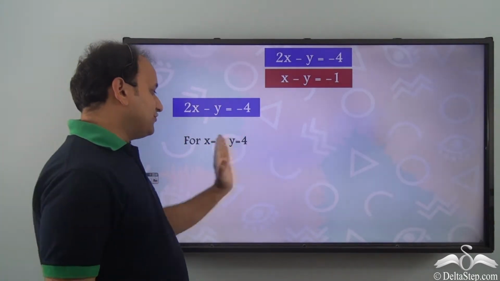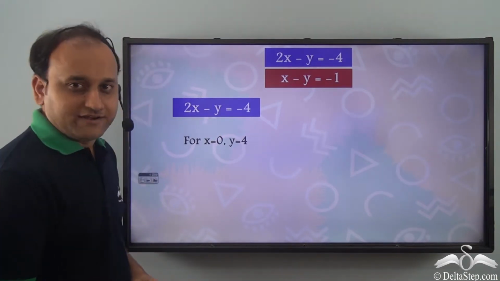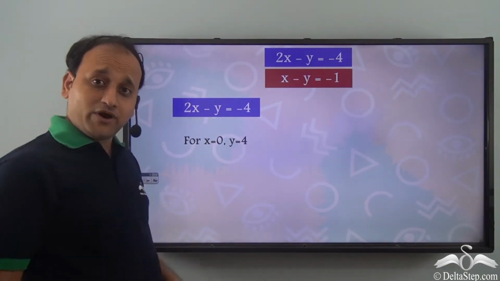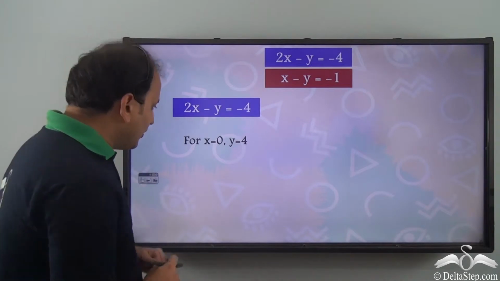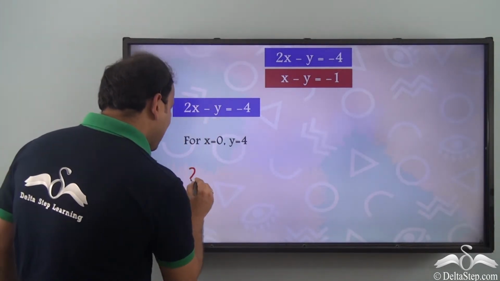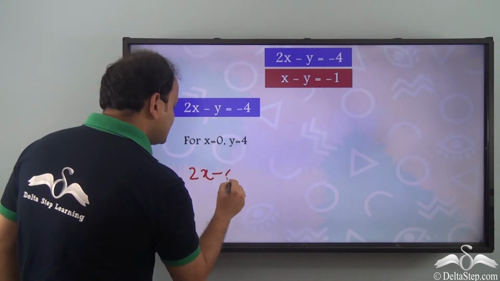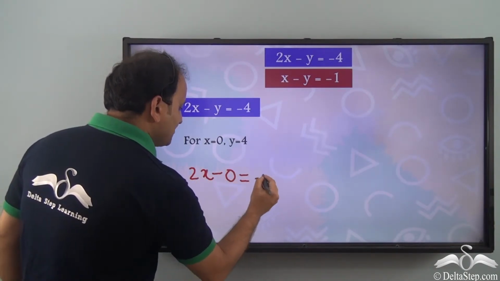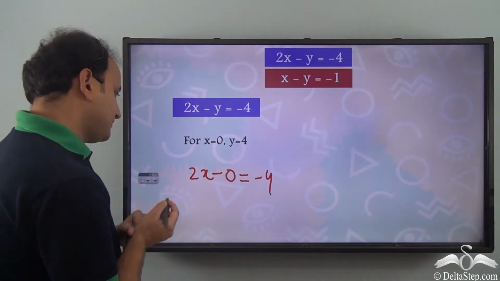So when we have x as 0, y is 4. So that's the first value which we were able to find. Now we will need another point to get a line, right? So let's take y as 0. So if we take y as 0, then we have 2x minus 0 is equal to minus 4.